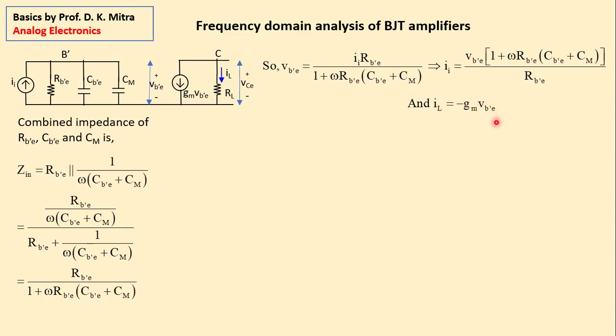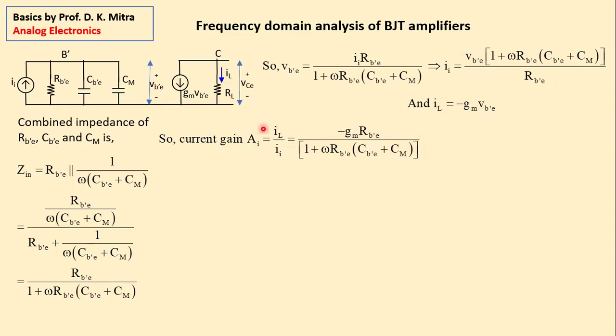Now we can find the current gain, which is output current by input current. Both have a factor of V_B'E. So it is minus g_m R_B'E divided by 1 plus omega R_B'E (C_B'E plus C_M). So we have this current gain.